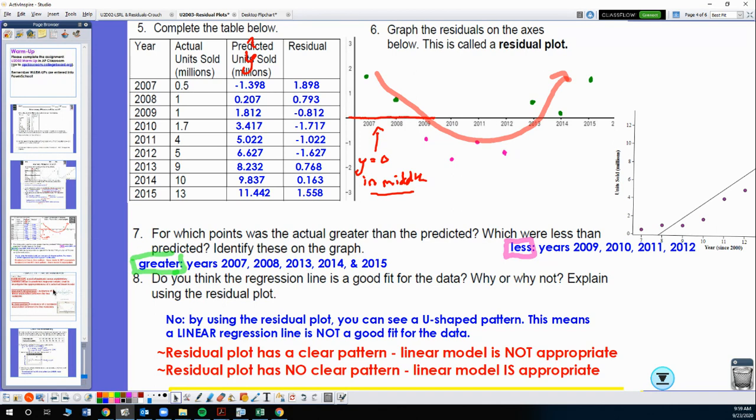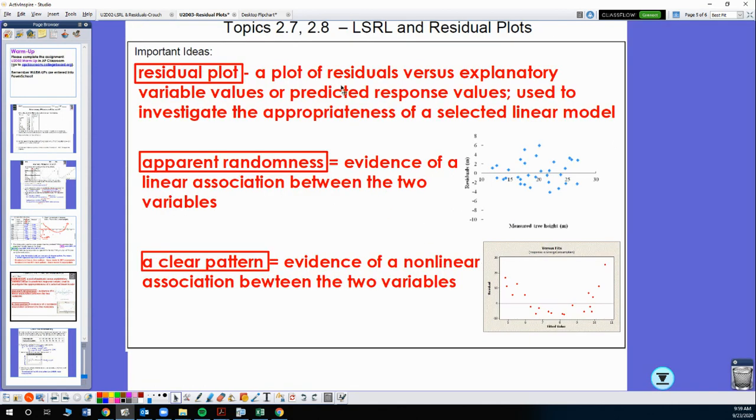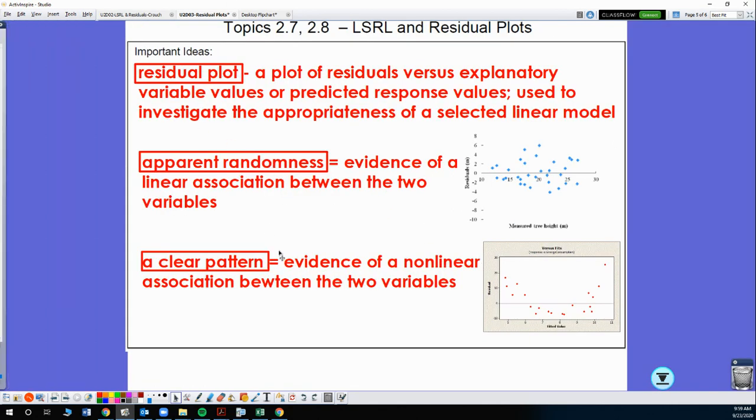All right, so moving on, last but not least, to our important ideas, we just have 3 main things we want to highlight here. The actual residual plot, what a residual plot is. It plots the residuals against the explanatory variable or the predicted response values. It helps us to investigate the appropriateness of the model. So you can see 2 different residual plots here.